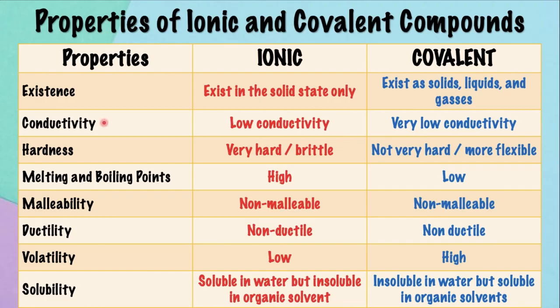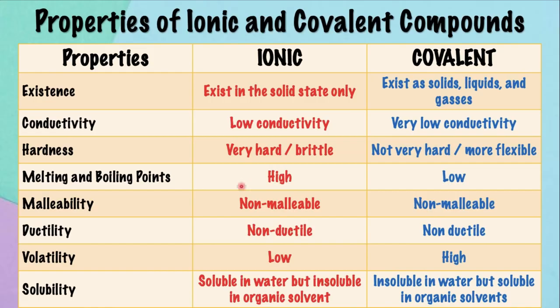In terms of conductivity, or the measure of the ease at which an electric charge or heat can pass through a material, ionic has low conductivity, while covalent has very low conductivity. In terms of hardness, or the resistance of the material, ionic is very hard or brittle, while covalent is not very hard and more flexible.